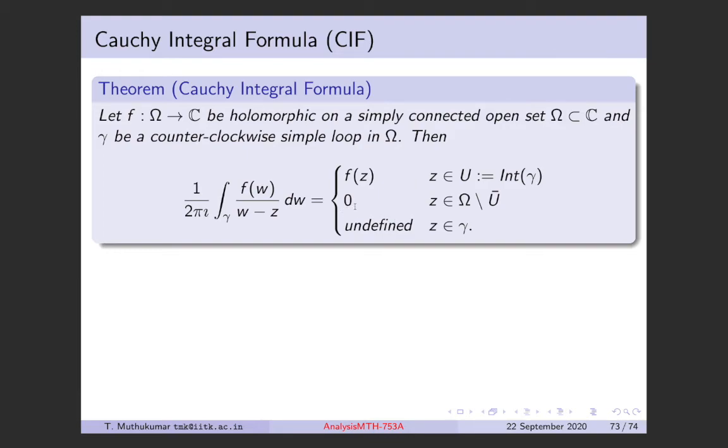And this is actually a result from the Cauchy theorem, right? Because once you take a z which is outside gamma, exterior to gamma, then w minus z doesn't have any undefinedness in that region. So this function f of w over w minus z, for any z in omega minus u closure, is actually a holomorphic function in this region, omega minus u closure.